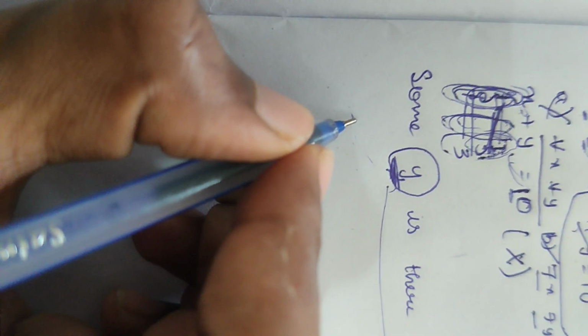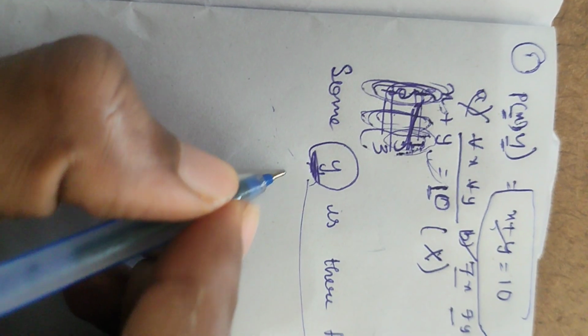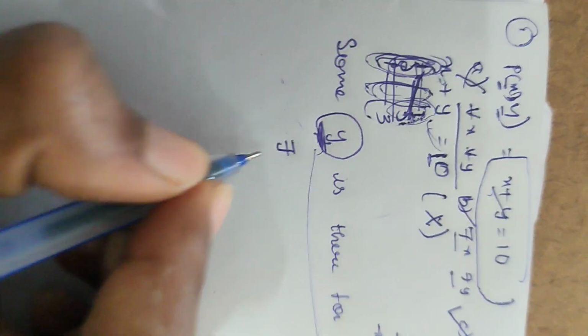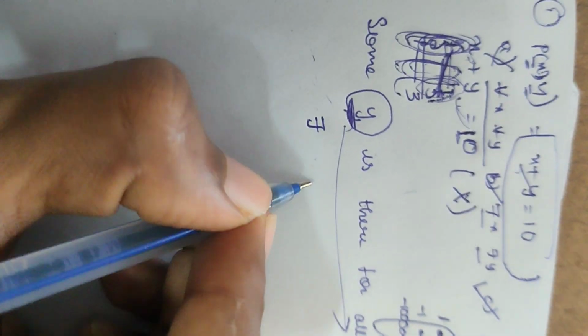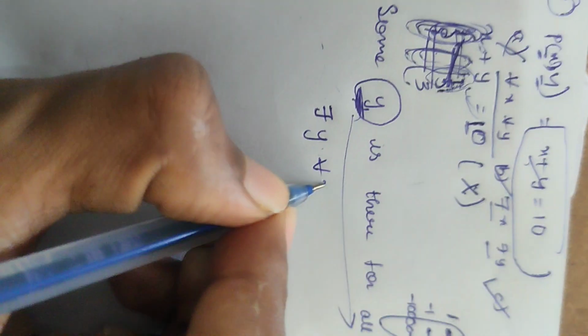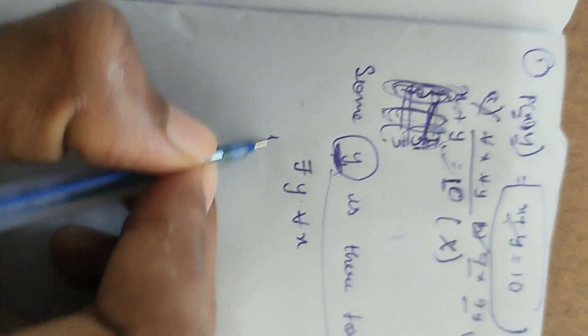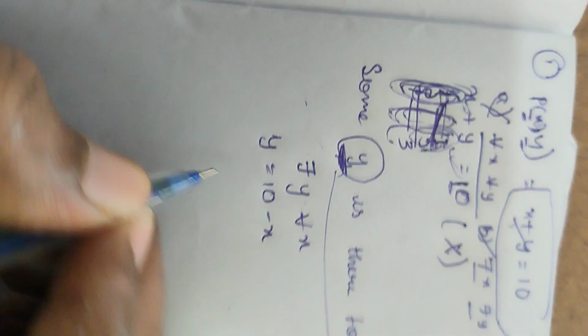I will say a trick now. Listen to this carefully. If there exists in this equation, there exists y for all x, y is equal to 10 minus x. Keep it like this.